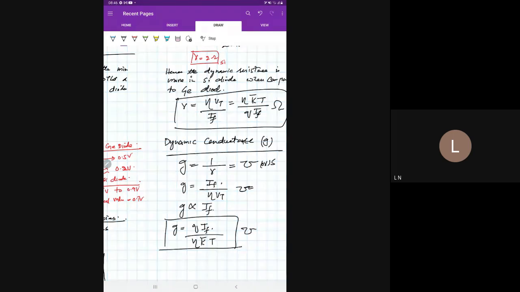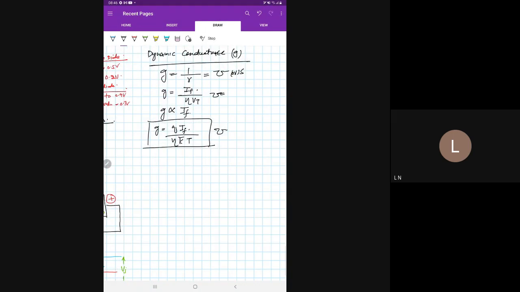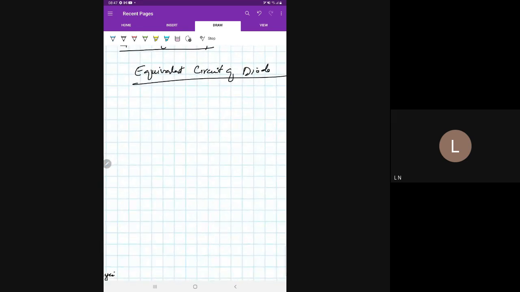Now, based on this discussion, I'll draw the equivalent circuit of the diode. Case 1, forward bias.